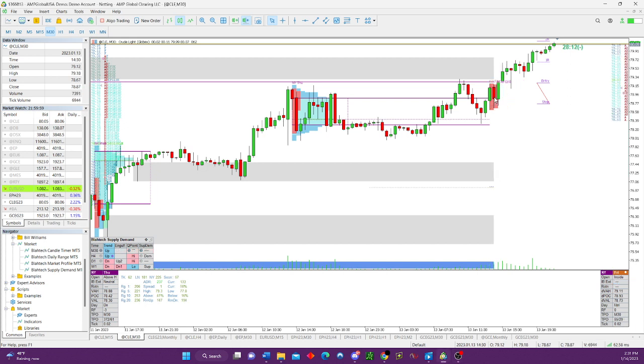I was looking at this initial balance right here. Okay, well, before I say that, you guys need to know the context of where we open in relation to yesterday's value. So down here in the bottom right hand corner, it says open. This means price opened inside yesterday's value.